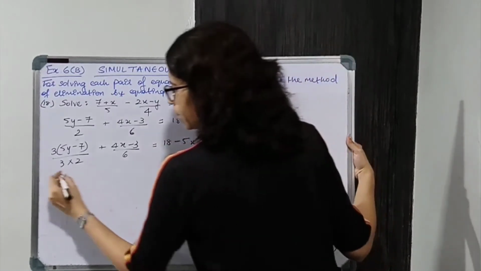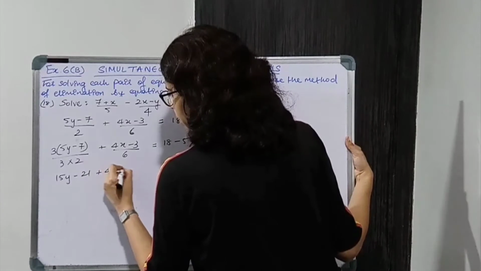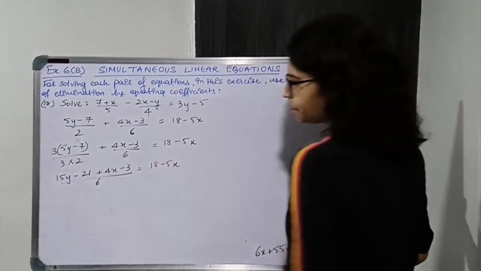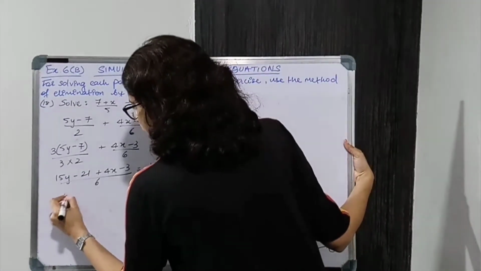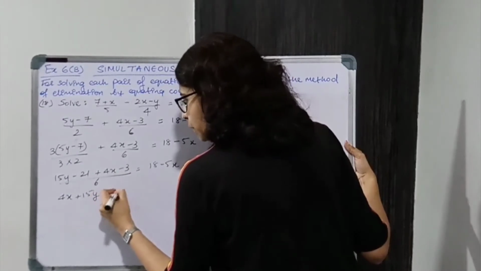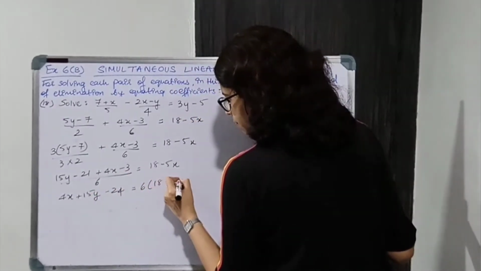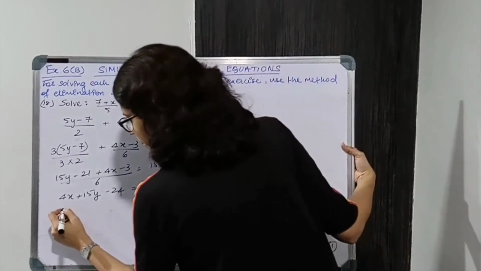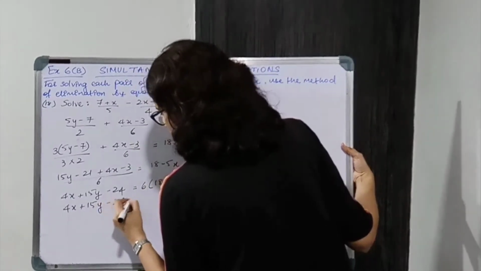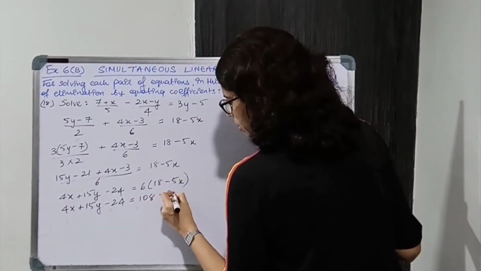Okay, so this will become 15y minus 21 plus 4x minus 3 by 6 is equal to 18 minus 5x. So 4x plus 15y, and minus 21 minus 3 becomes minus 24. Shifting 6 over here, so this will be 108 minus 30x.